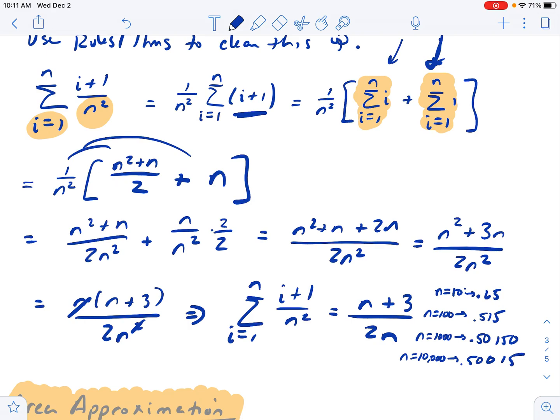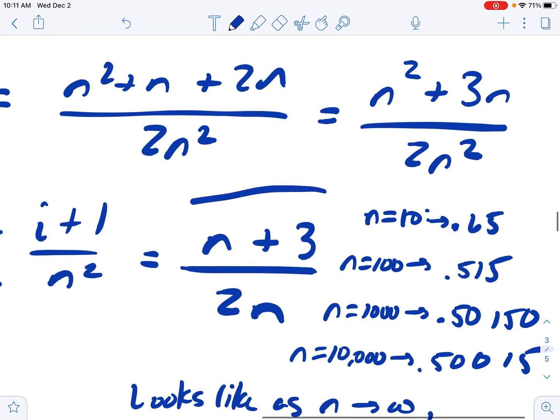What does this seem to be getting closer and closer to the larger n gets? Looks like as n gets bigger and goes out to infinity, this sum is approaching 0.5, or 1/2.